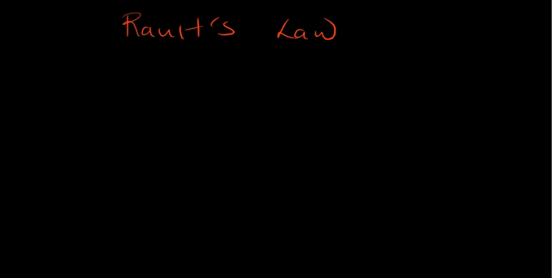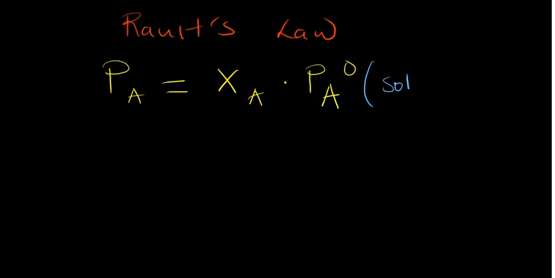It is based on the same idea of vapor pressure. The formula is: the vapor pressure of a solution is equal to the mole fraction of the solvent multiplied by the initial vapor pressure of the solvent. That is for the solvent.